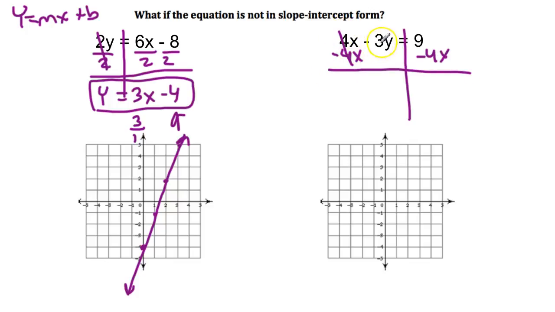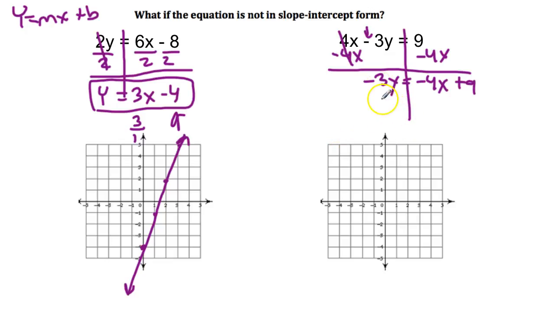These cancel, and I'm left with negative 3y. You always got to remember this sign right there. And that equals, well, I have a 9 and a 4x. I can't combine them, so I'm just going to write the negative 4x first. And then 9 is positive, so I can write plus 9.